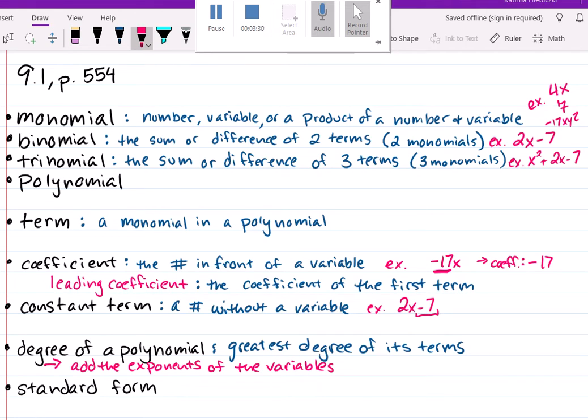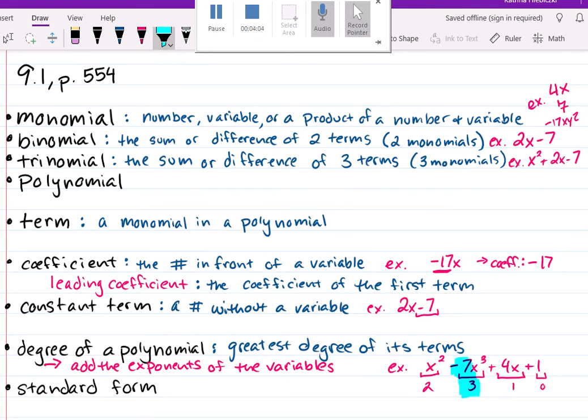For example, if I had x squared minus 7x cubed plus 4x plus 1, the degree of this term is 2. The degree of this term is 3. The degree of this term is 1. And the degree of the constant term is always 0. So the degree of this polynomial would be 3, which would make negative 7 my leading coefficient.